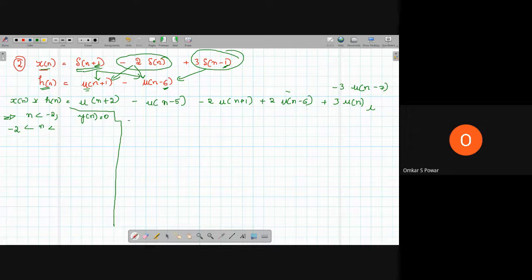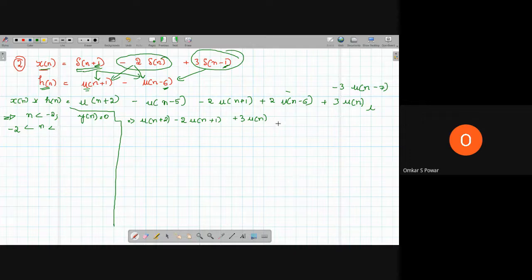So first thing what you will get is u of n plus 2, then minus 2 u of n plus 1, then 3 u of n. Otherwise it will be difficult to write it.